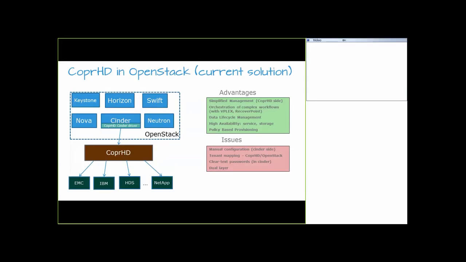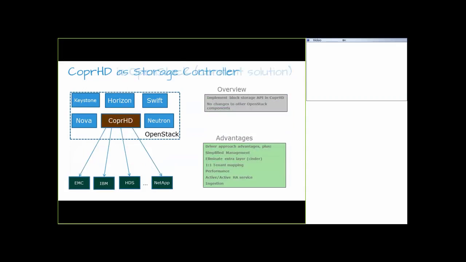Whereas in this model, because we are part of the stack, we have full access to Keystone. The other important thing we are able to do is, let's say OpenStack has tenants, and projects, and availability zones and things of that sort. I can now go to Keystone and import all those tenants into CoprHD.